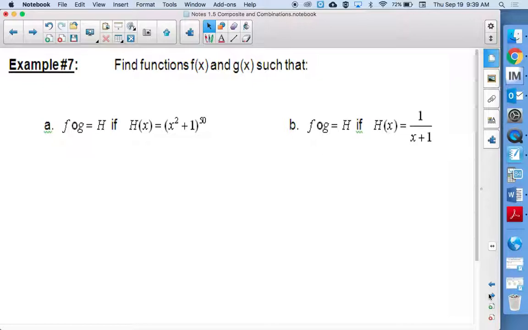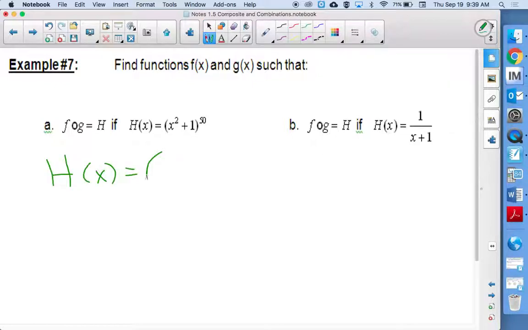H of x, sorry. So it says h of x equals x squared plus 1 to the 50th power. So we have this function that we're calling h. That's our composite function. So that's the answer to the problems you have above. Our goal is to piece it apart to find the original two equations.